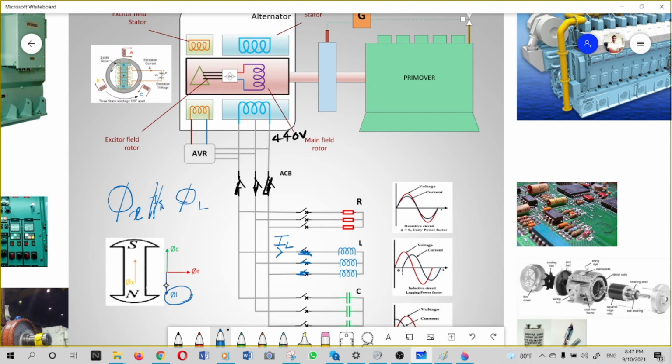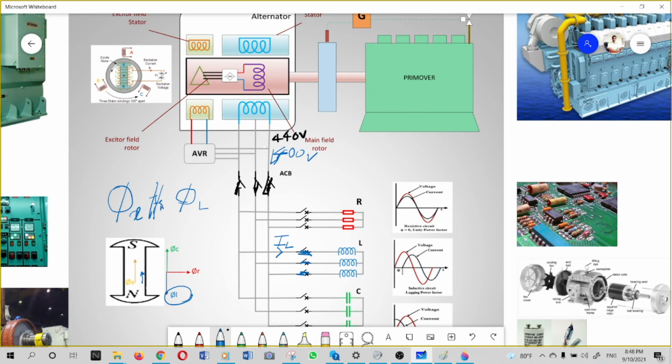Now as a vector we can see they are in the same plane. This newly generated flux, as it is in the opposite direction, will reduce the strength of the main rotor magnetic field. In return it will reduce the induced EMF.